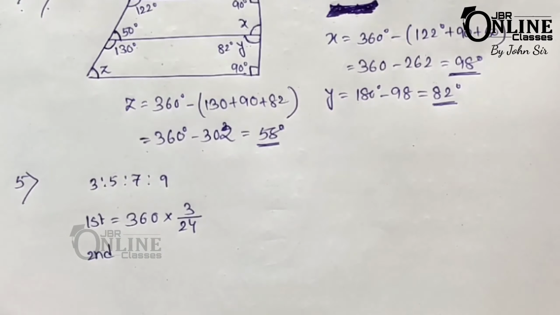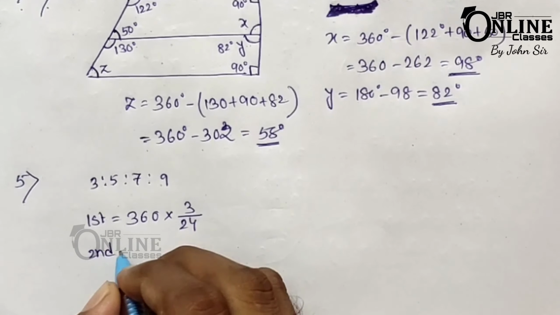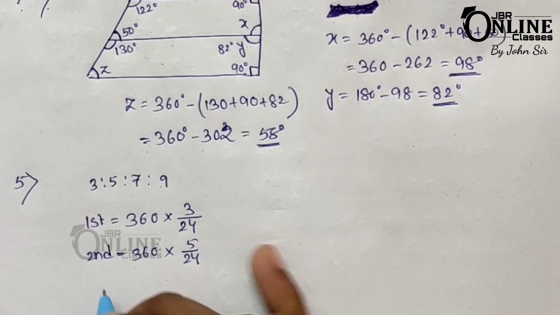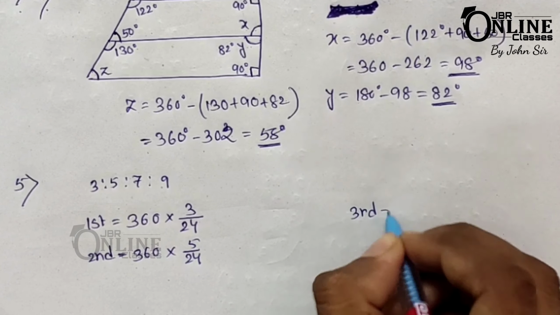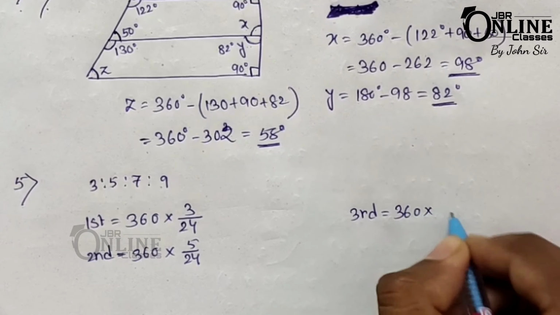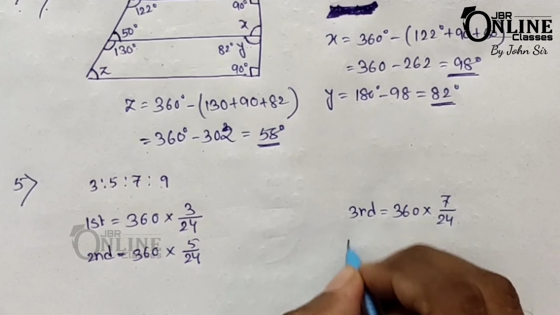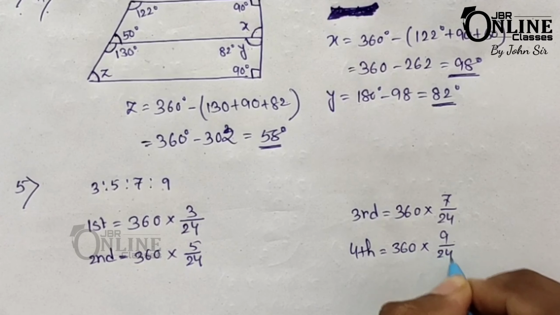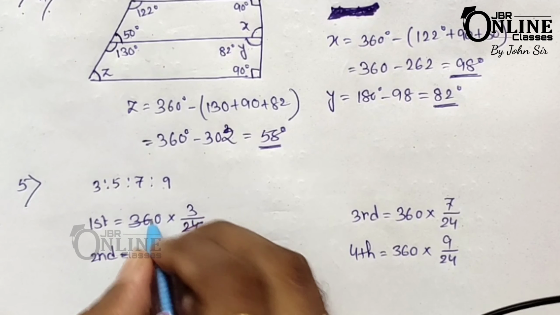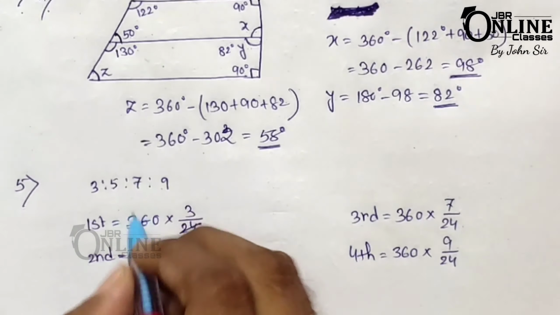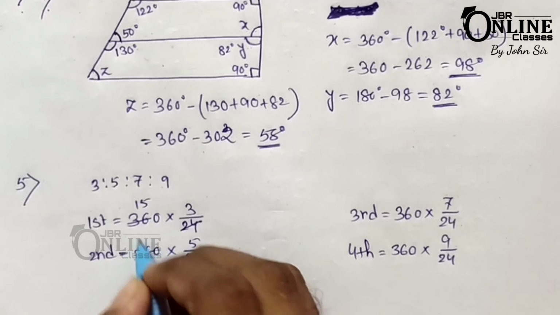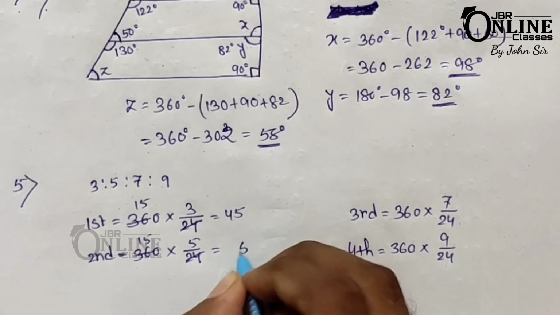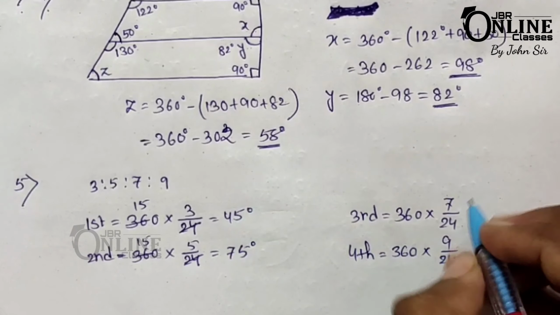Then next one, second angle equals 360 into 5 by 24. Then third angle equals 360 into 7 by 24, and the fourth angle equals 360 into 9 by 24. Now 24 cancels out with this one, it becomes 15. Here also 15, so it's 45 degrees, it's 75 degrees.